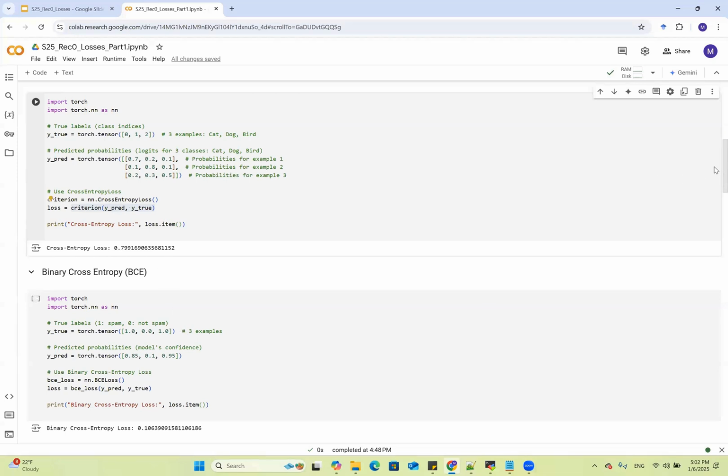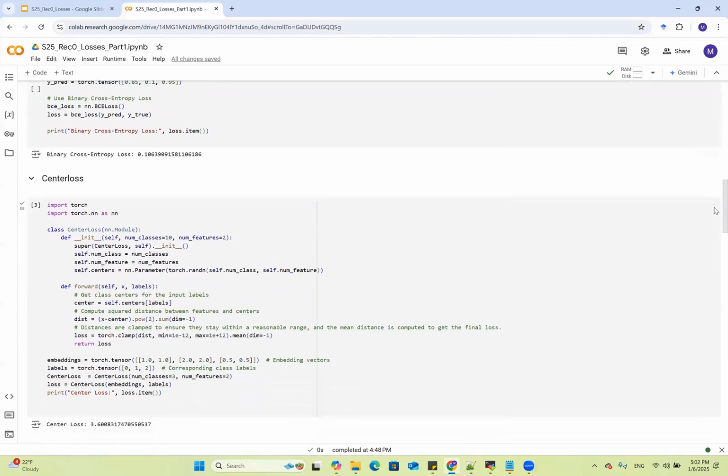Now we will show the implementation. We don't have a built-in function provided by PyTorch, so the class is really simple for the center loss. Here we get the class centers for the input labels, and then we compute the squared distance between features and the centers.